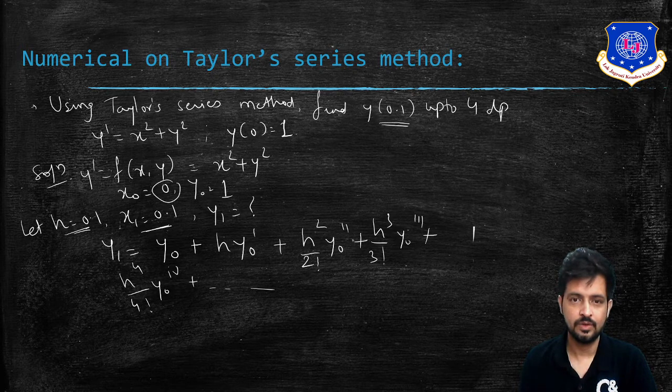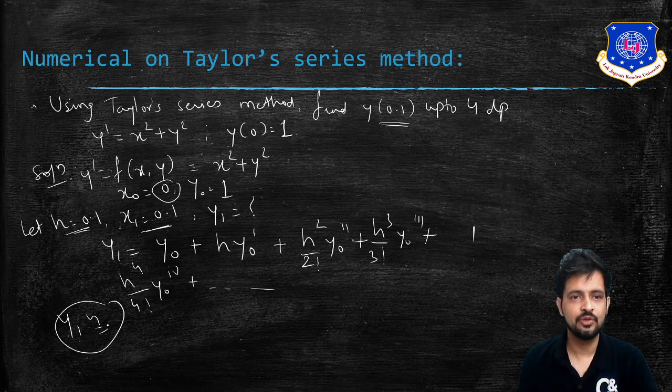There is no need to find further because we will get the approximate solution, so we use the approximate sign. First of all, we have to find all these values.